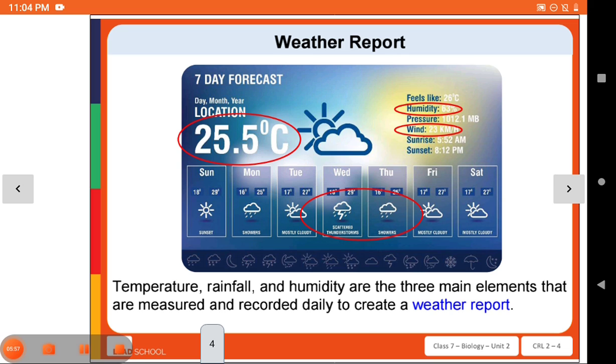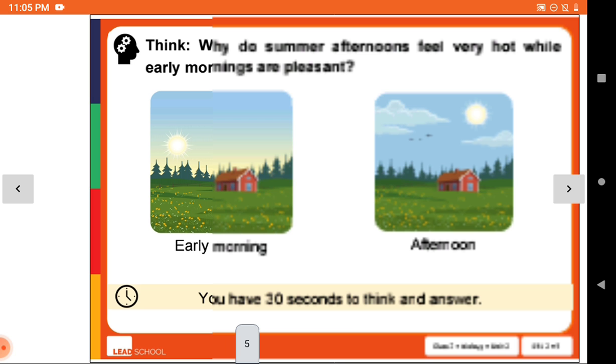In this slide, temperature is 25 degrees Celsius, humidity in a day is 63%, and wind speed recorded is 23 km per hour.